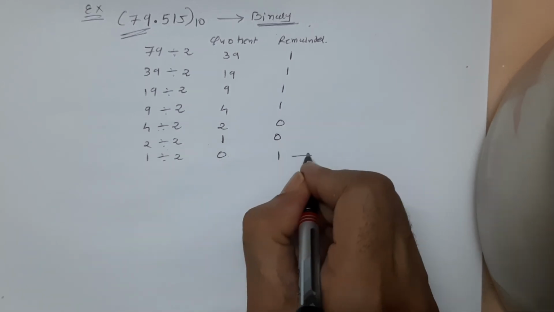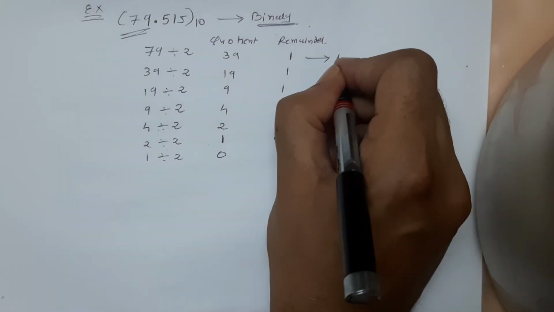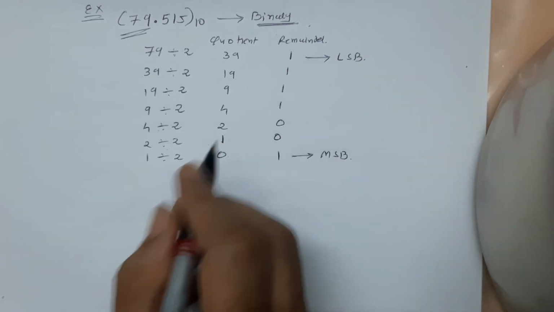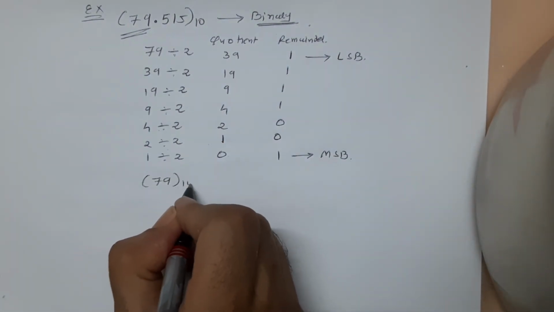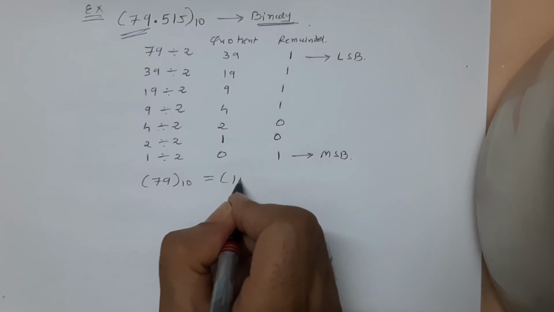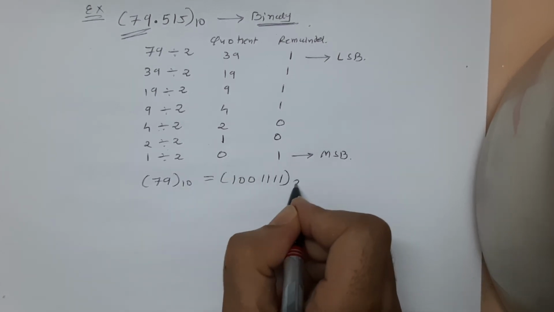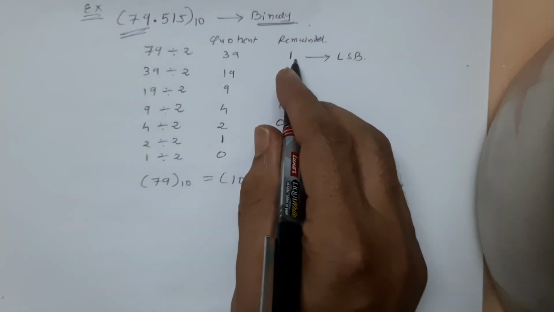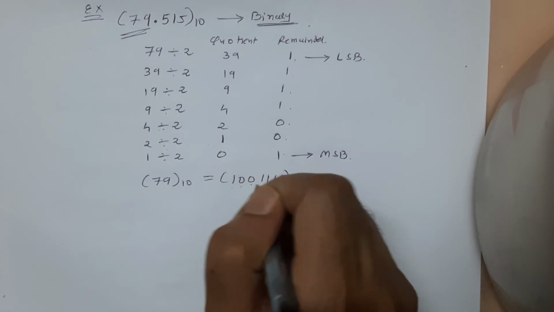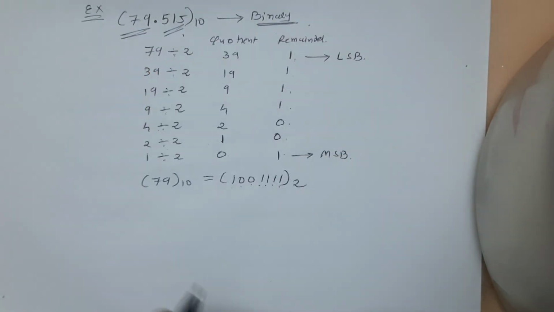So here this is your MSB and this is your LSB. So the 79 decimal is equal to 1001111. Now we will take this fractional number.